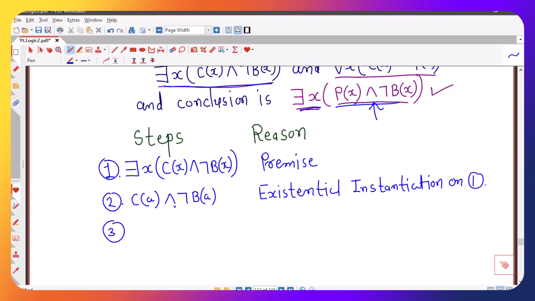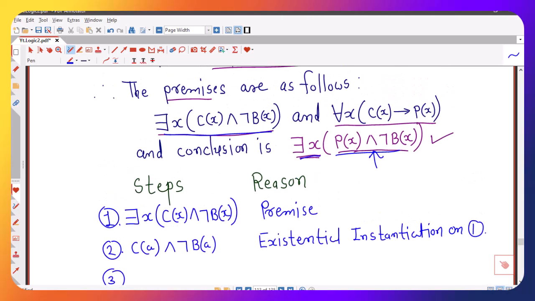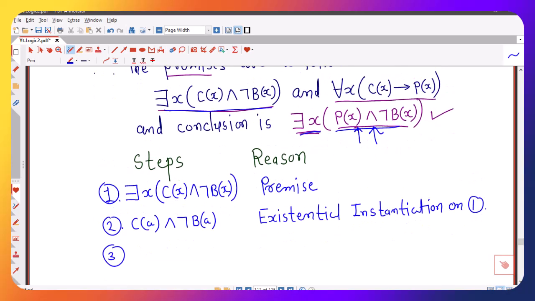Now I will keep in mind that I want to arrive at this conclusion, and here I have C x and negation of B x. So first I can use simplification on this, and I can write this as C of a using simplification on 2.